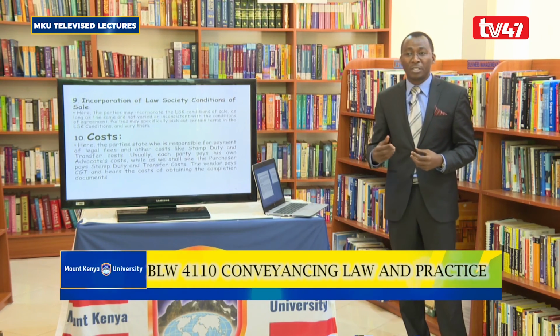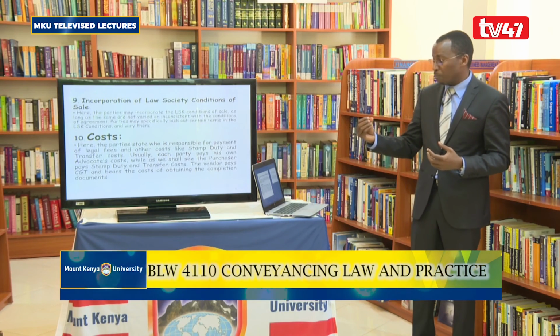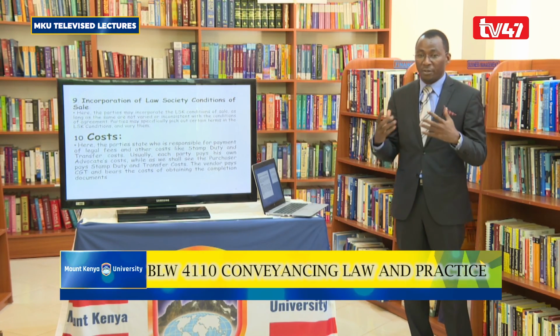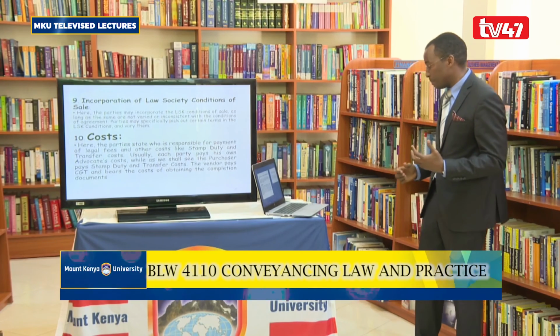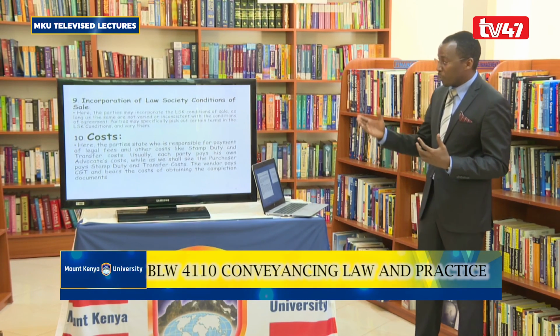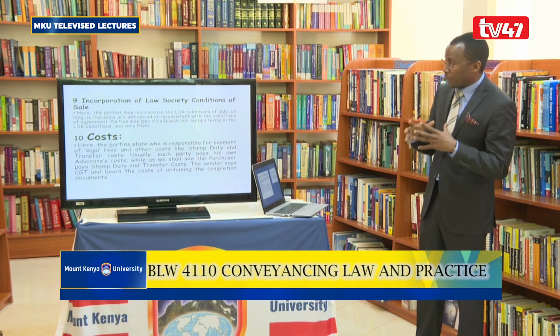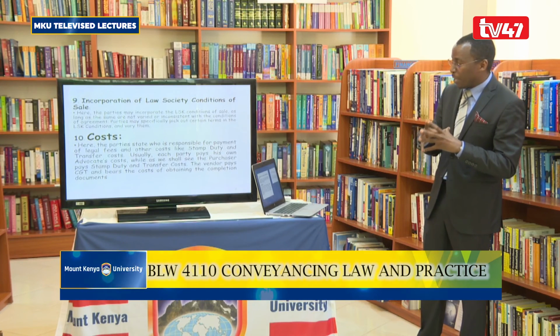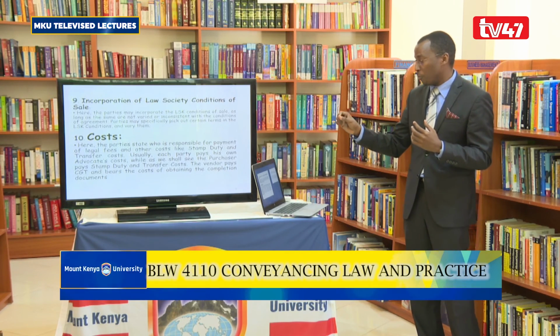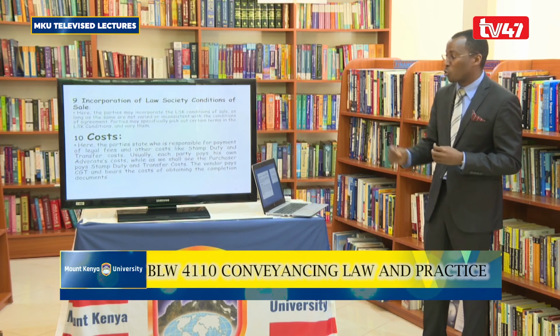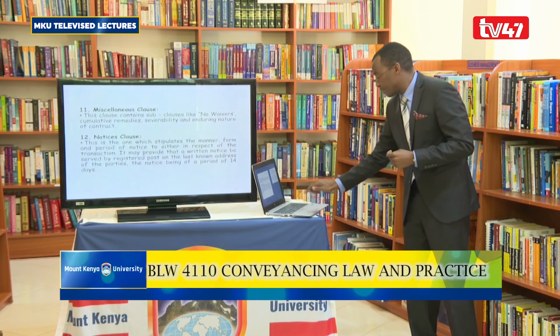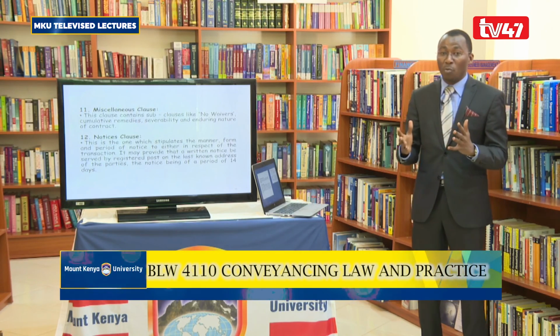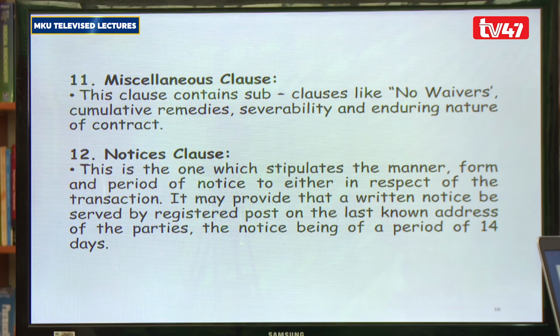If you talk about the consent of the National Land Commission, there are certain costs that have to be paid. And therefore, the seller will bear the costs of the completion documents and also the capital gains tax.